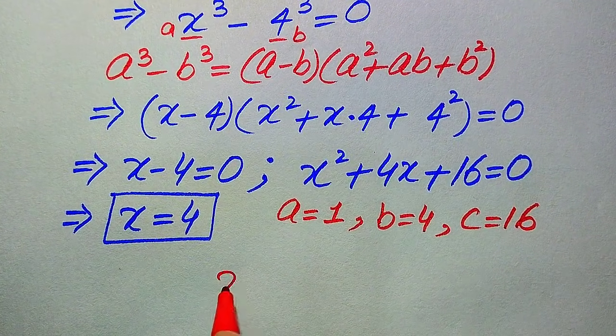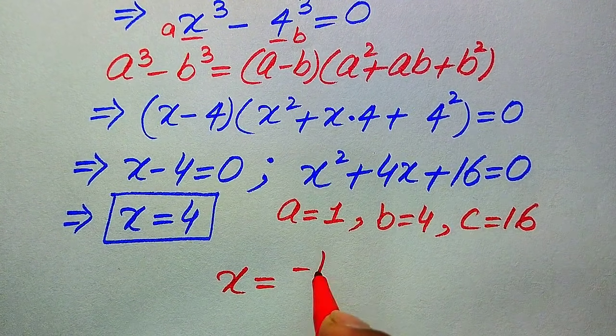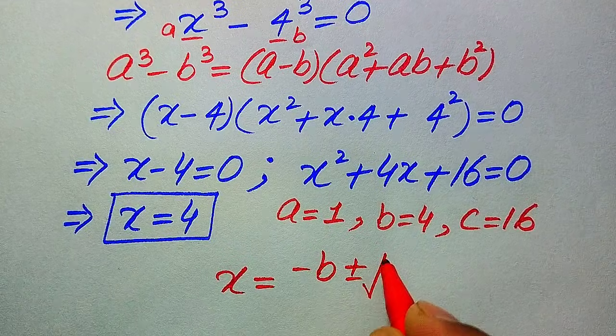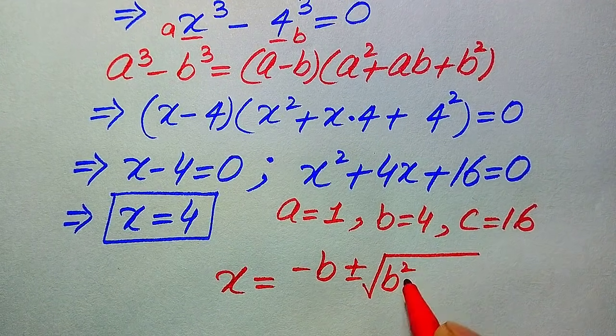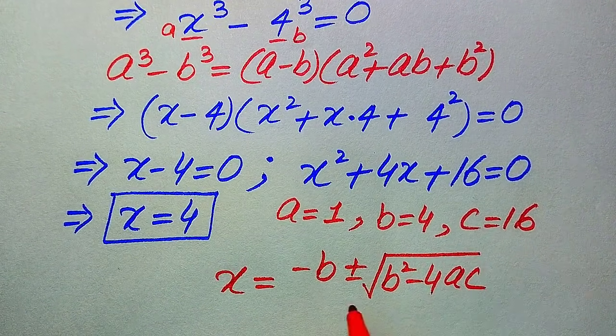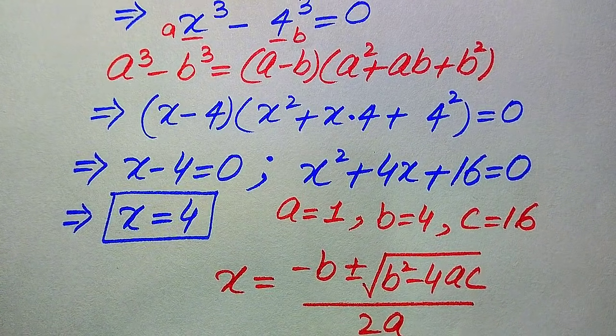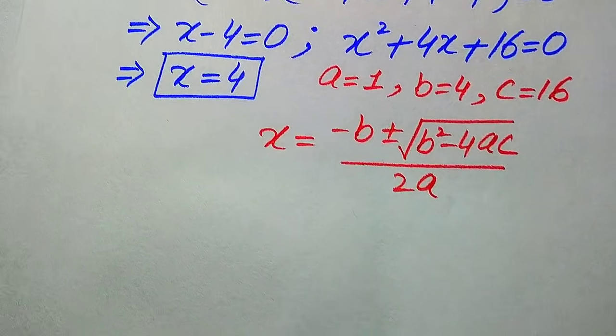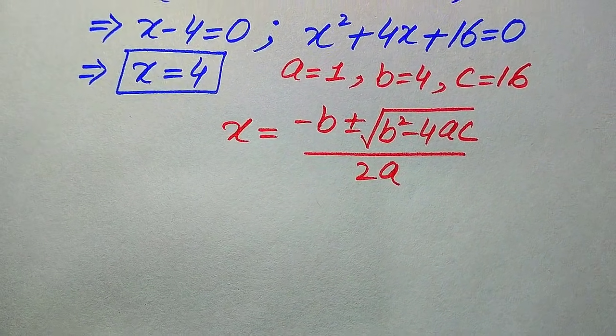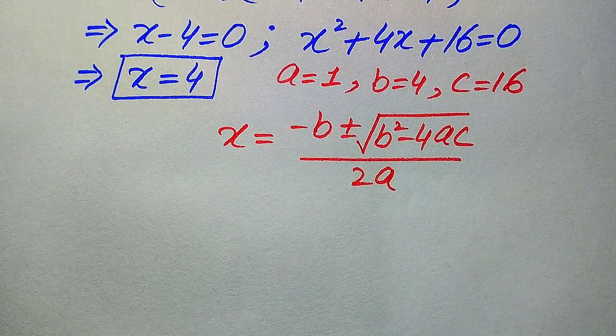We state the quadratic formula as x equals minus b plus minus square root of b square minus 4ac, divided by 2a.